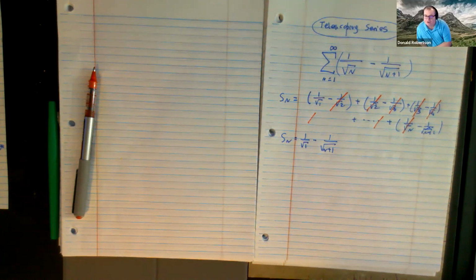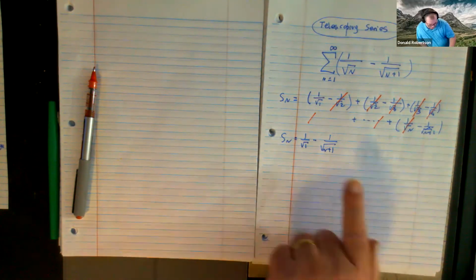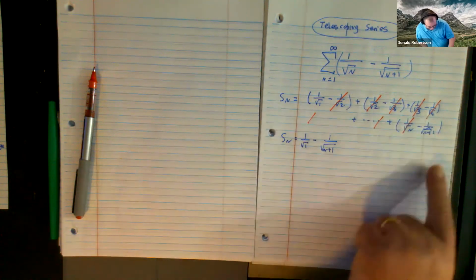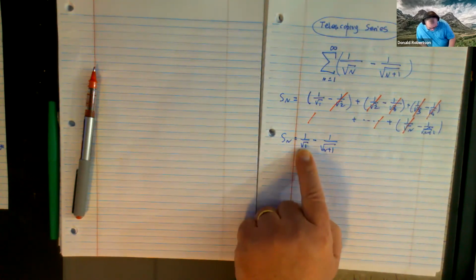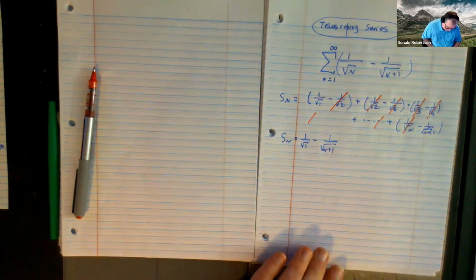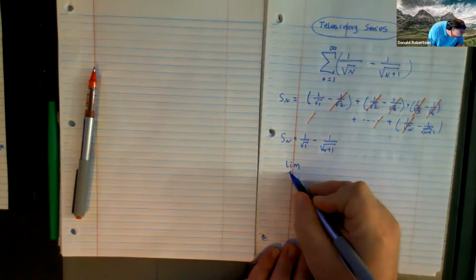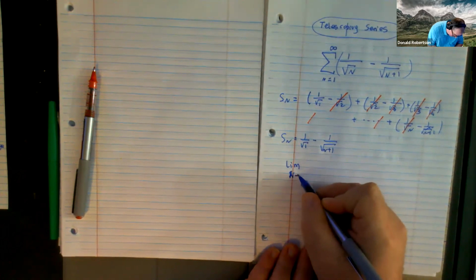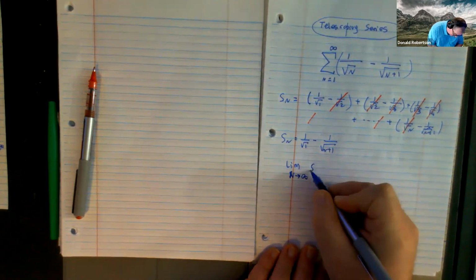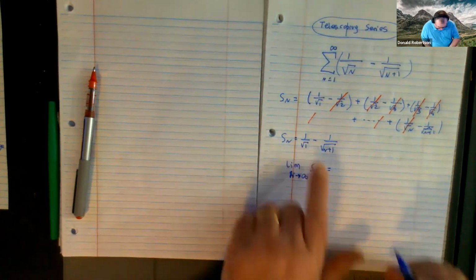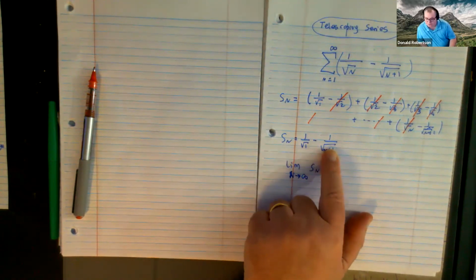So the partial sum, what you would get if you added up the first n of these terms, would be the guy at the beginning and the guy at the end. Now, what happens when n goes to infinity? What happens to that partial sum? Well, would you agree you can just brute force it?